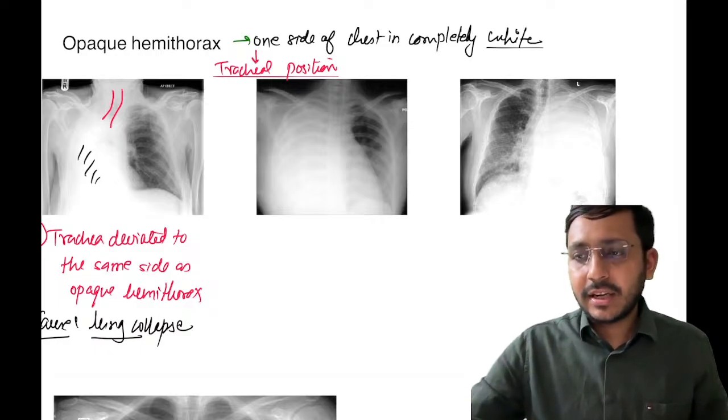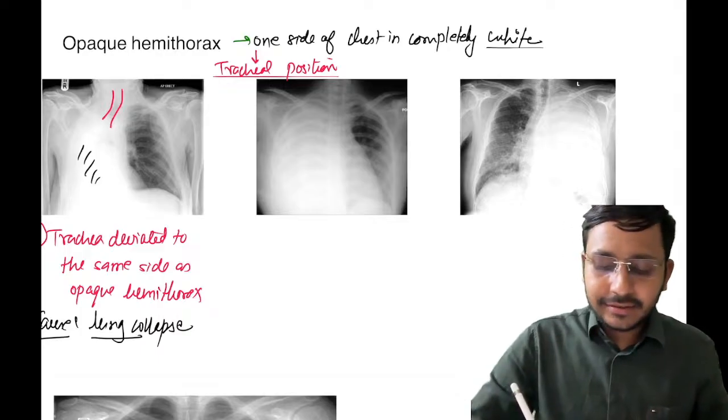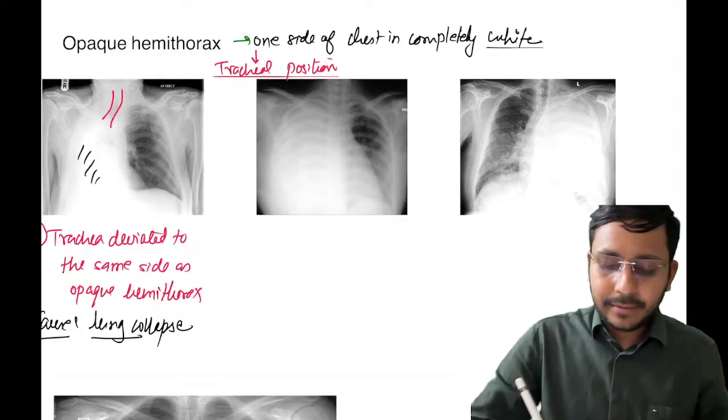Now the second differential is that the trachea is in midline.